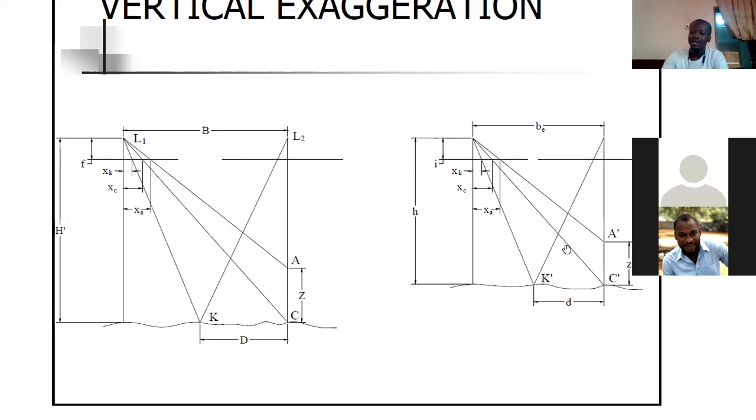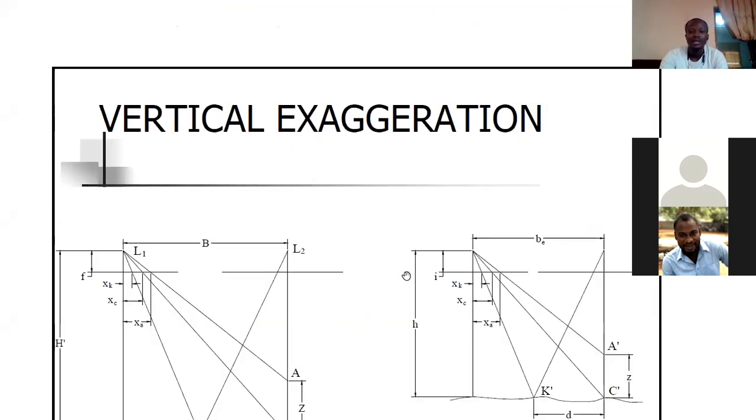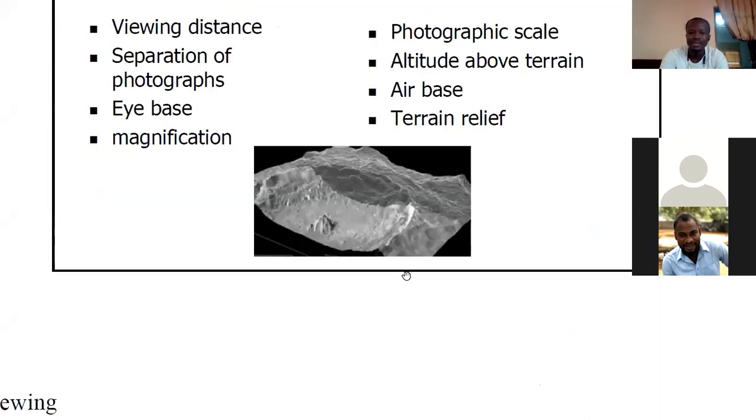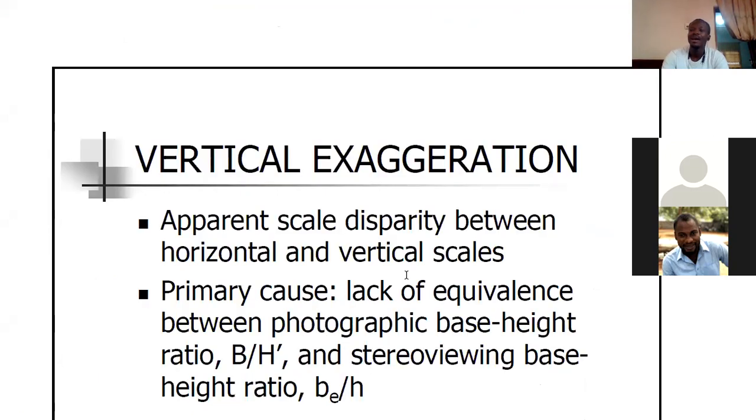So vertical exaggeration is the disparity between the vertical and the horizontal scales. Are you okay? The disparity between horizontal and vertical scales. Simple. Meanwhile, the ratio: the lack of equivalence between the base to height.